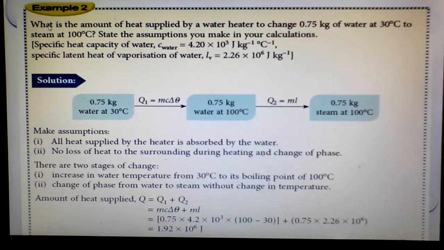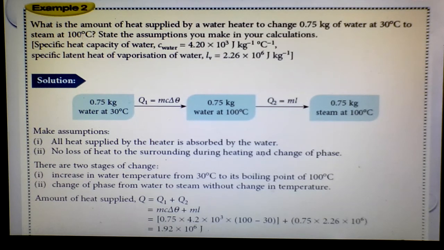Okay, second example: what is the amount of heat supplied by a water heater to change 0.75 kg of water at 30 degrees Celsius to steam at 100 degrees Celsius? State the assumption you make in your calculation. Given the specific heat capacity of water and the specific latent heat of vaporization of water. In this case, there are two types of heat involved, heat capacity and latent heat.